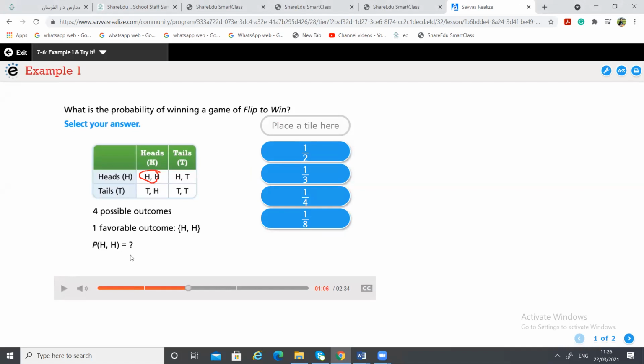Possible answers. Come on, girls. How many possible outcomes have you seen with head head, head tail, tail head, and tail tail? How many outcomes do you see here in the box? Noor? Yeah, how many outcomes do you see here in the box?